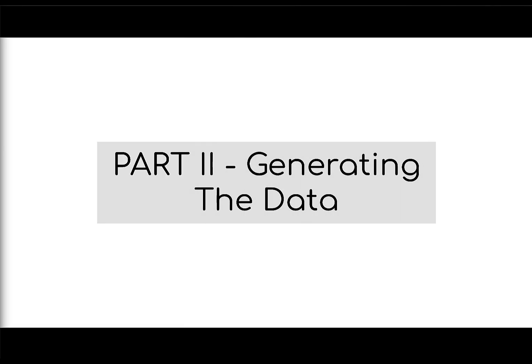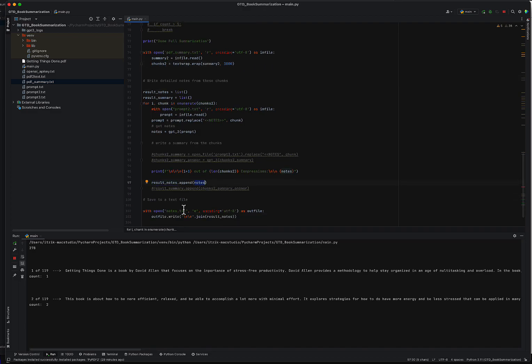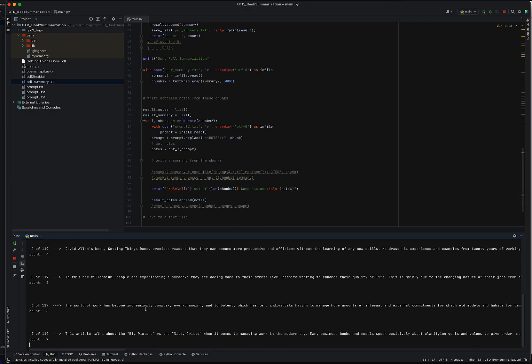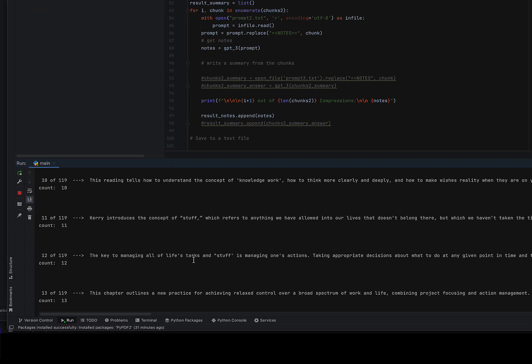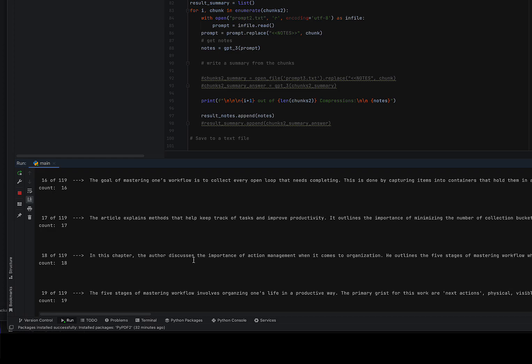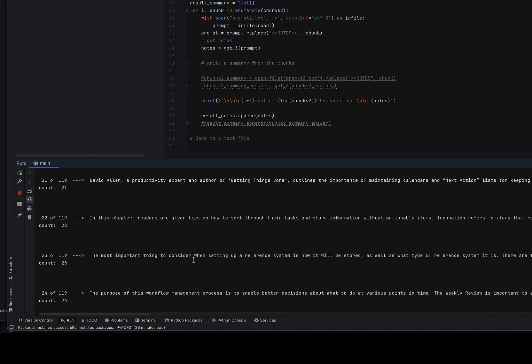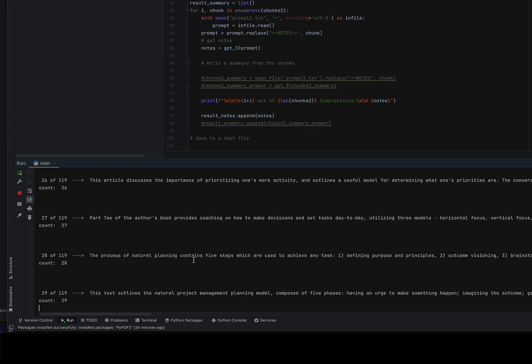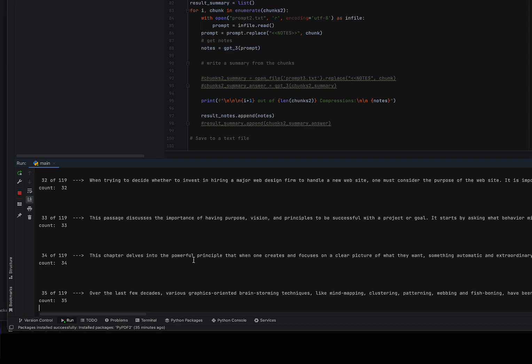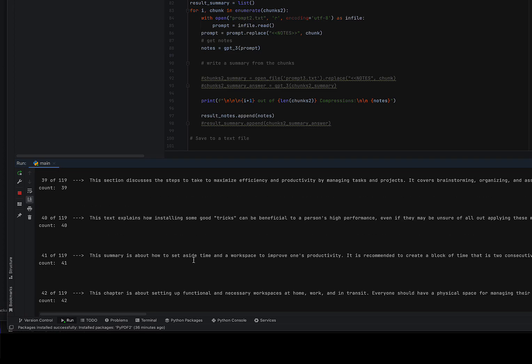Okay, I ran the script and it started generating the summarization, and it took the engine around 25 minutes to summarize the whole book. And it gave us two sets of results.